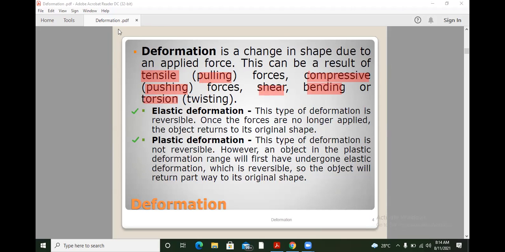It is a change in shape or size due to applied external forces, whatever it is, pulling, pushing, shear, bending, or twisting. Whichever of the forces is applied, a body may change its size or shape, right? And there are further two types of deformation, elastic deformation and plastic deformation. Okay, now what is the difference between the elastic and plastic?